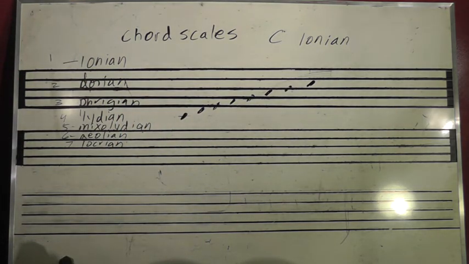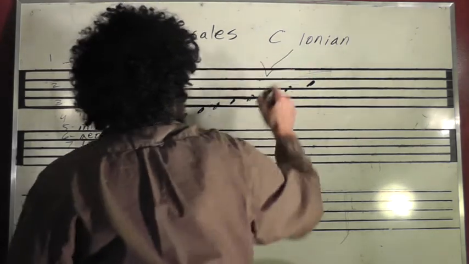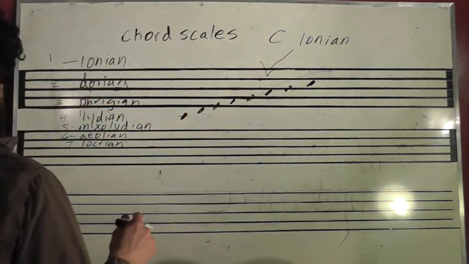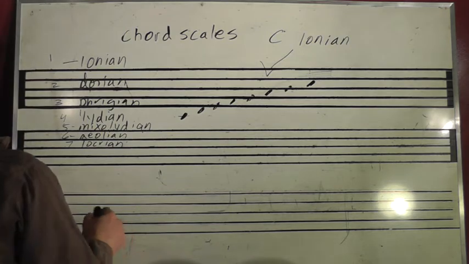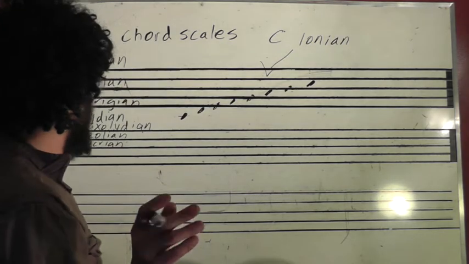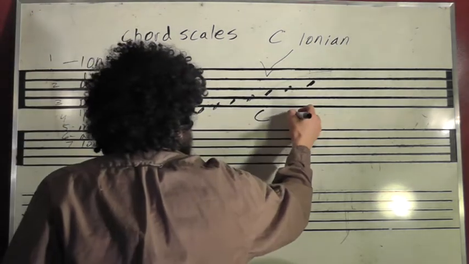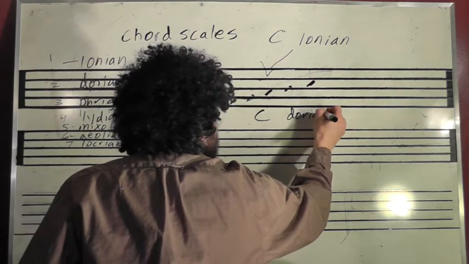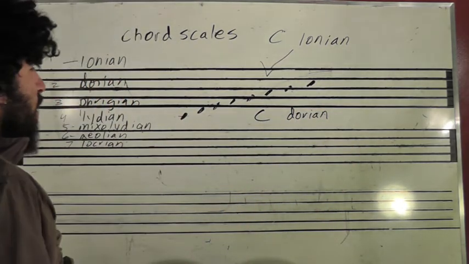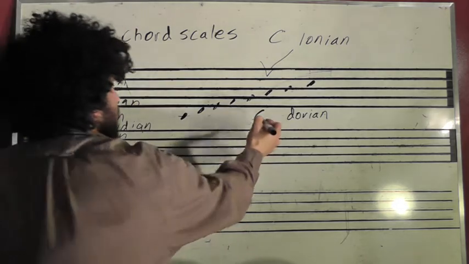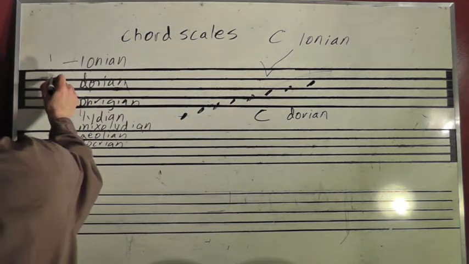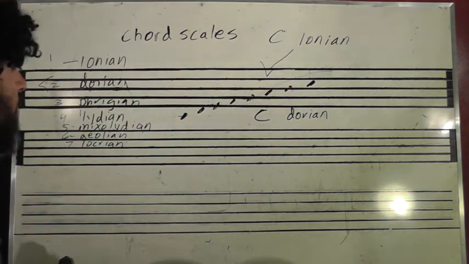Let's do the next one. So that's C Ionian. Now we're going to C Dorian. So here's what you have to ask yourself. This is the second of the modes, Dorian.